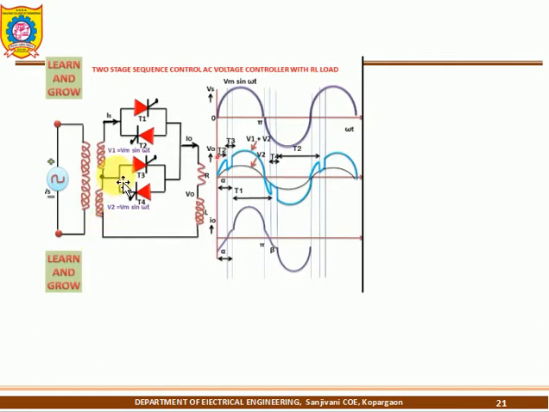So when T3 is on first, 50% of the voltage is applied to the load. Then when I turn on T1, 0 to 100% is applied to the load, which is why the voltage increases. Then it comes to 0 and naturally turns off. Then here the bottom is phase with respect to neutral.